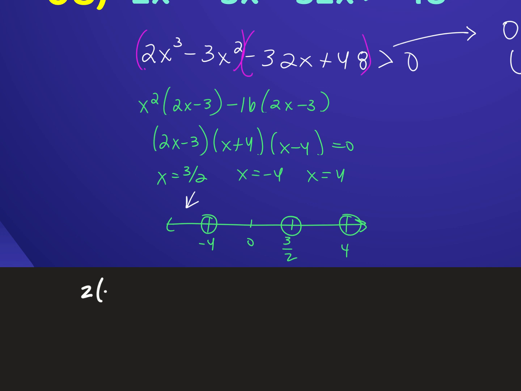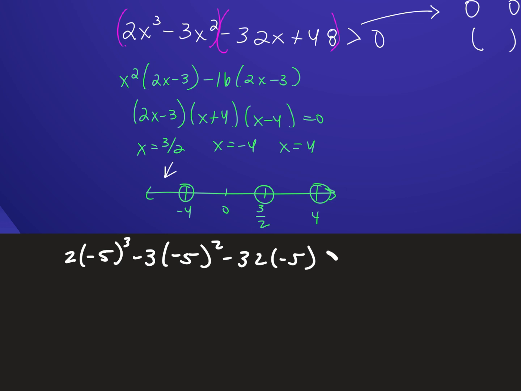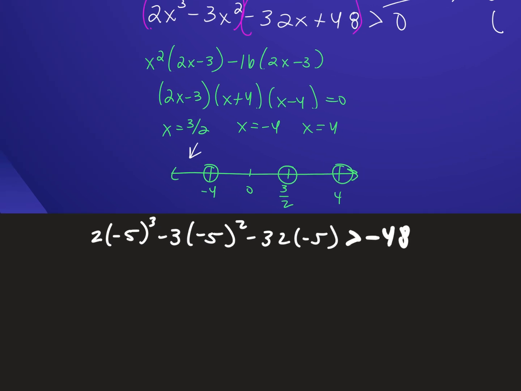We got to throw it in here. So I have 2 times negative 5 cubed minus 3 times negative 5 squared minus 32 times negative 5. Is that greater than negative 48? Okay, what's negative 5 cubed? Negative 125, right? Times 2? Negative 250.